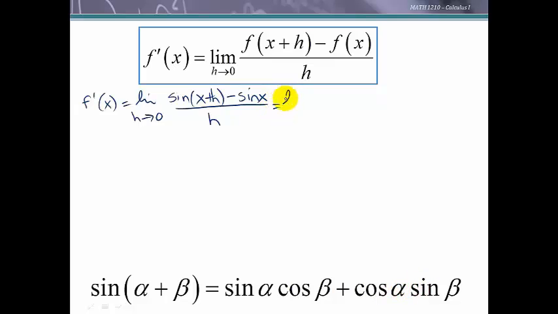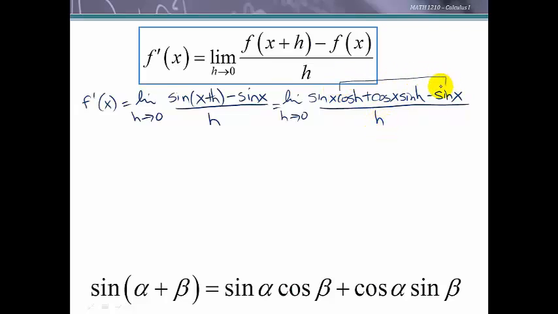Applying that identity here, we have the limit as h approaches 0 of sine x cosine h plus cosine x sine h, and then we still have this minus sine x, and that is over h. Now these two terms have a sine x in common, and so we're going to do two things.